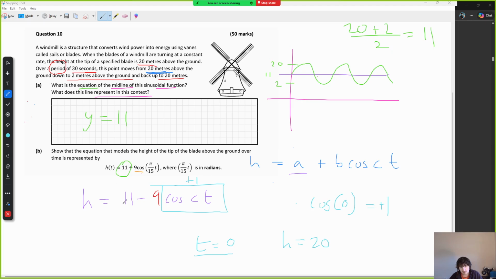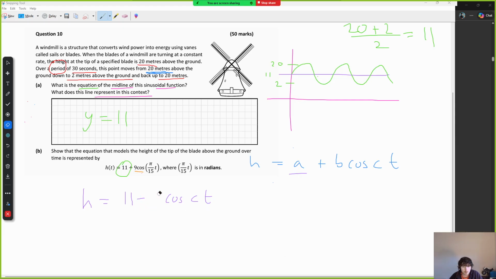So if you want it to be down at the 2 meters, you need to have a -9 here waiting for your +1 to get the 2. But the good news here is it's nice and straightforward. We're starting at the 20. We're going to have a +1 here because when t is 0, cos 0 will give a +1. And then to get the 20, we'd want a +9 there, okay? So I'll tidy this up. Hopefully that makes sense. You can watch that back and play it slower if it doesn't.